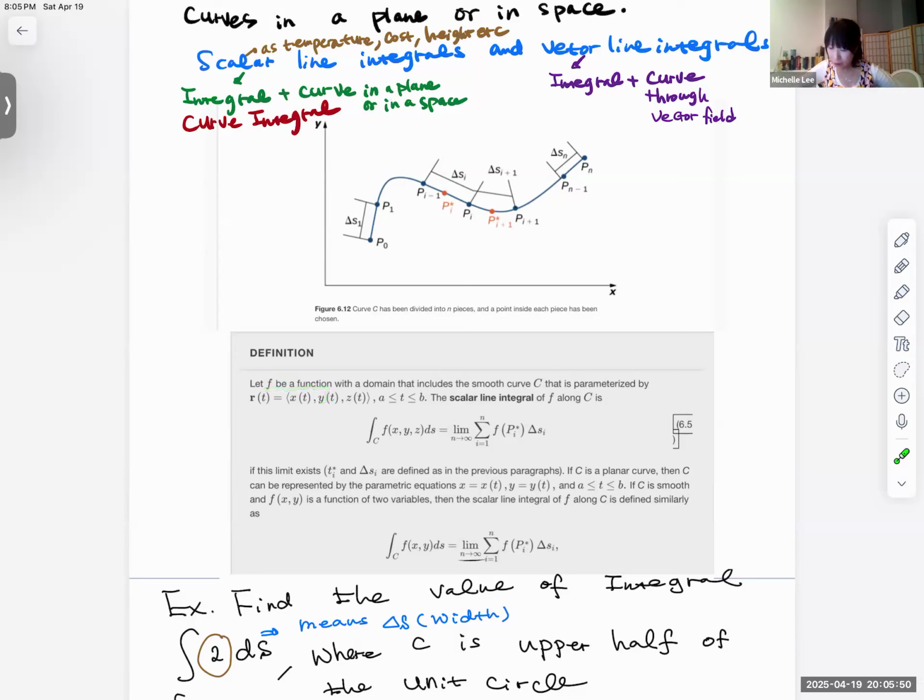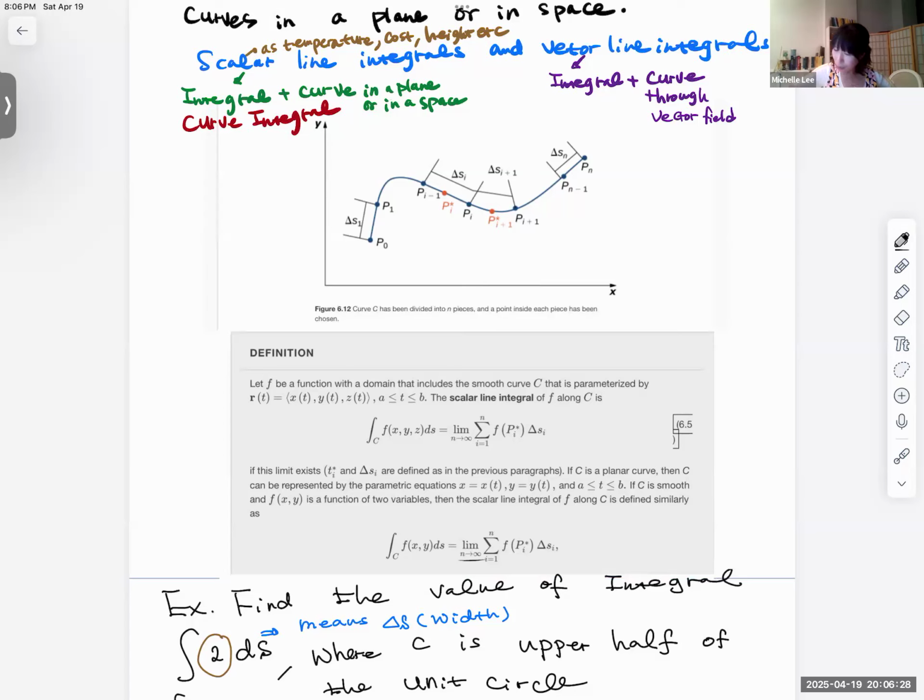We have a smooth curve, C. We're just using the first letter C, and that is parameterized by this vector equation. Now we have an integral along the curve C.